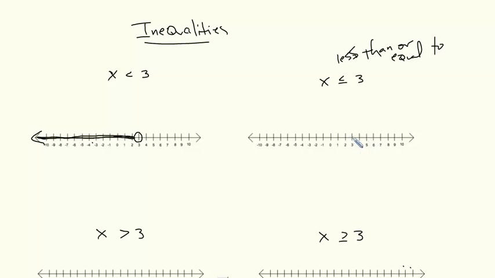So what I'm going to do is come to 3, and this time, since x can be equal to 3, I'm going to shade this in. Okay, so I get a closed circle, and then I'm going to shade to the left. Okay, all of these values are less than 3.